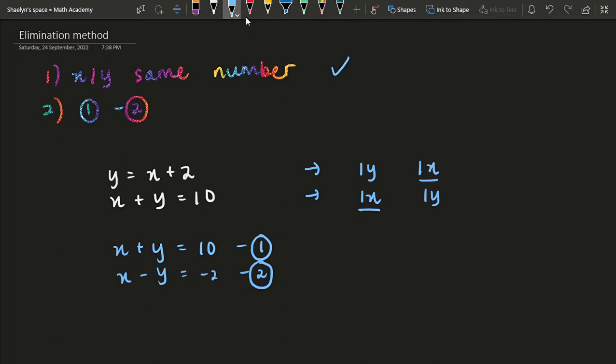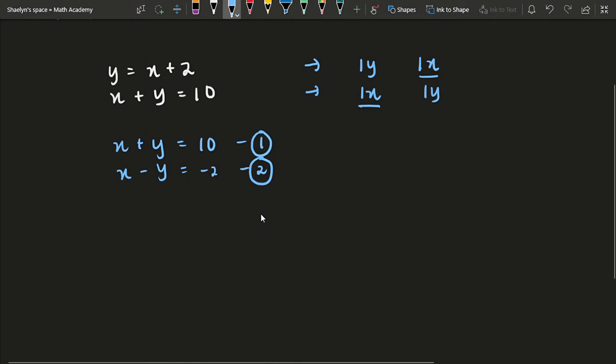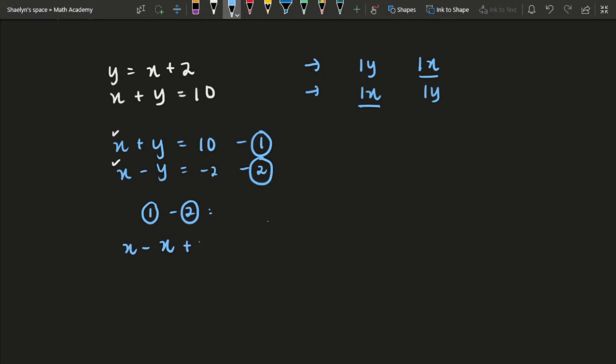As stated in step 2, we have to minus the first equation to the second equation. So we're gonna use the first equation to minus the second equation. How do we minus them? Just use x minus x. What I'm doing right here is about this part and this part. Then later on, I'm gonna copy down plus y and minus negative y.